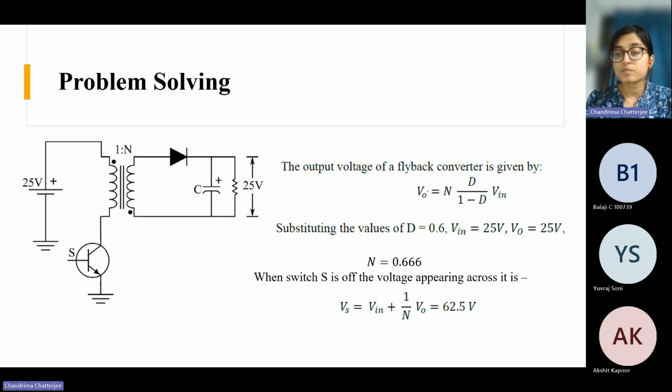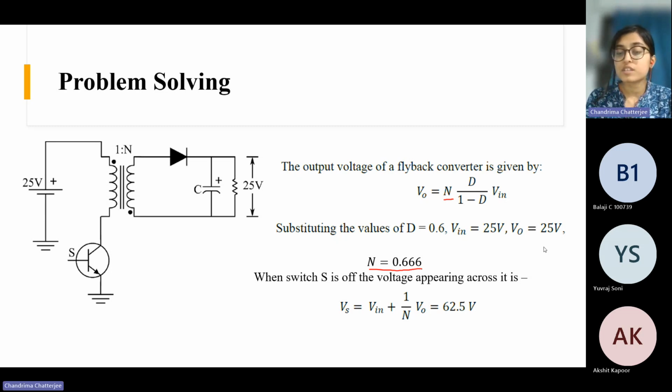So the relationship of input voltage and output voltage for a flyback converter is this, similar to the buck boost converter with this additional N. This N we are going to find out. So D is given, V out is given, V input is given, and N comes out to be 0.666.